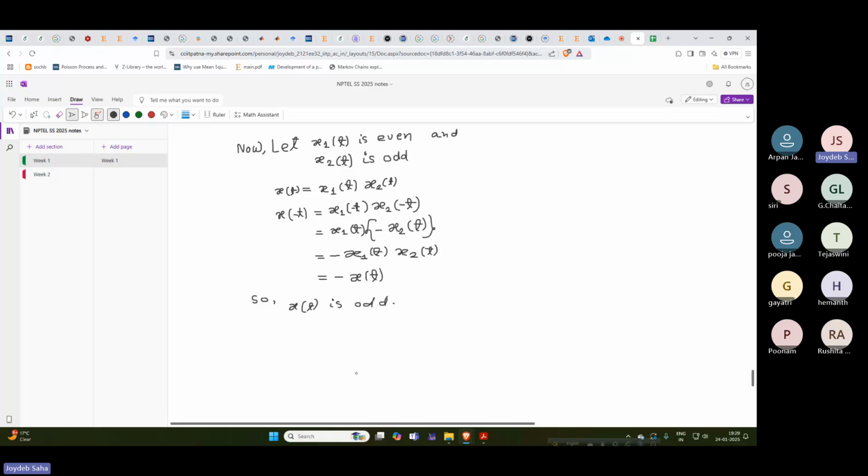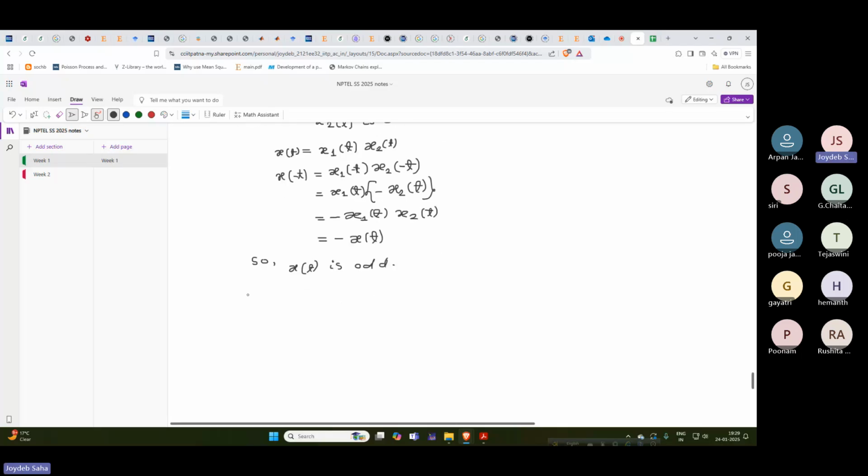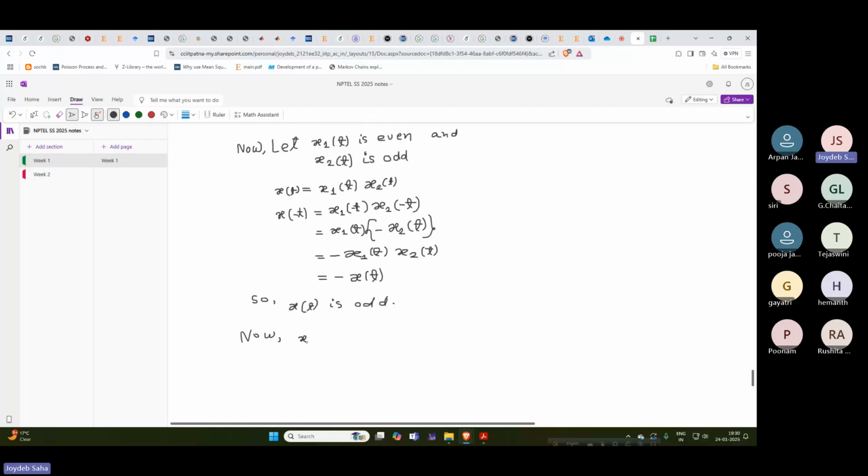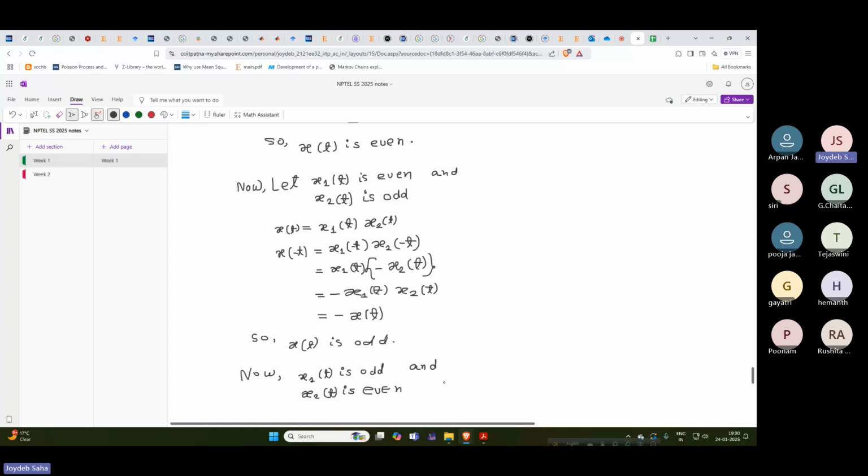Now one task you have to do. If x1 was even and x2 was odd, now vice versa: if x1(t) is odd, the reverse only, and x2(t) is even, then prove that x(t) will be odd.